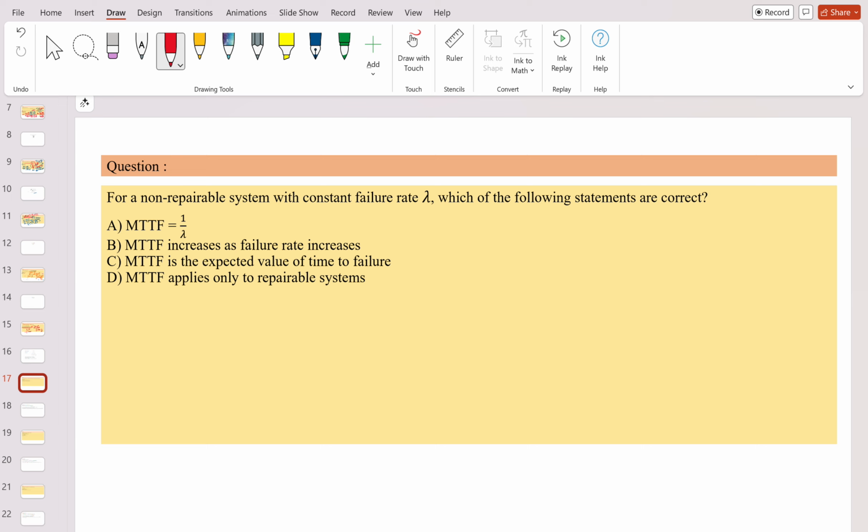In a non-repairable system, where the system cannot be repaired, with a constant failure rate lambda given, which statement is actually correct? Try to solve this.